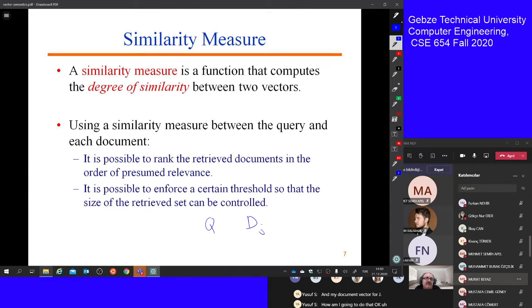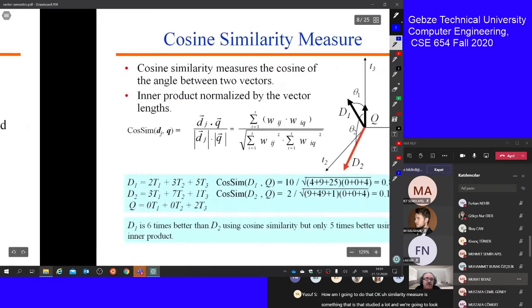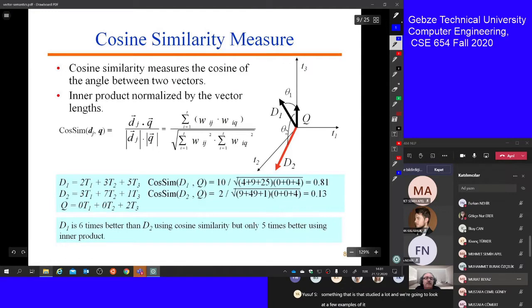Similarity measure is something that's studied a lot, and we are going to look at a few examples of it. One way of doing this is cosine similarity. Let's try to remember.